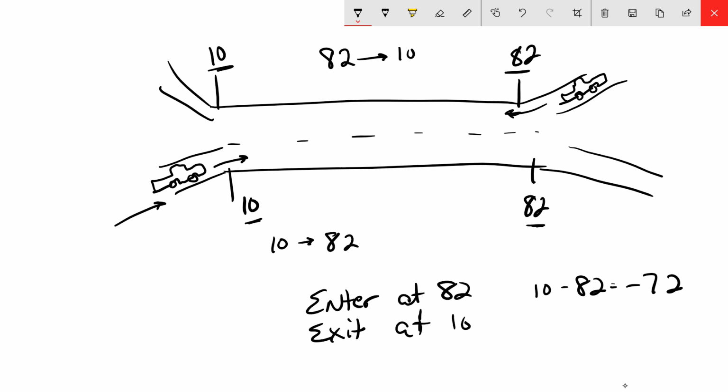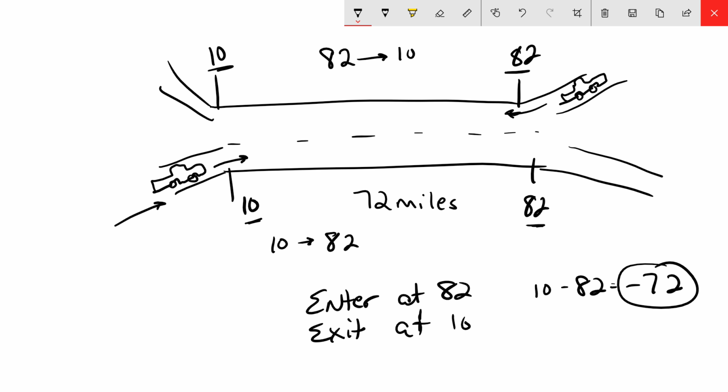I went from 82 down to 10. A negative 72 is not a distance. That doesn't make sense. Here, going from 10 up to 82, we can see the idea that I went 72 miles, right, on this one.